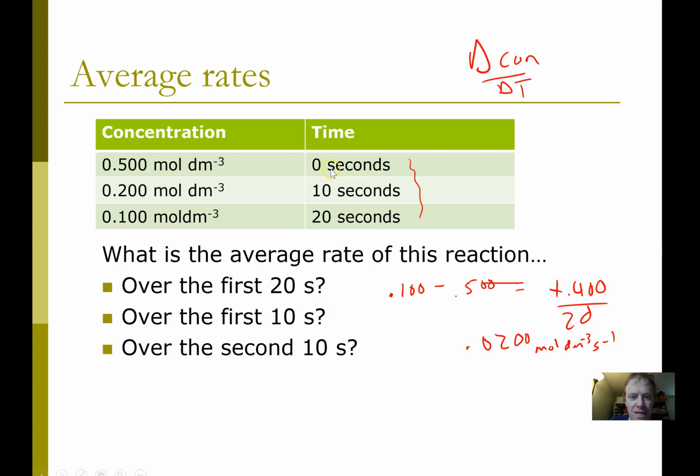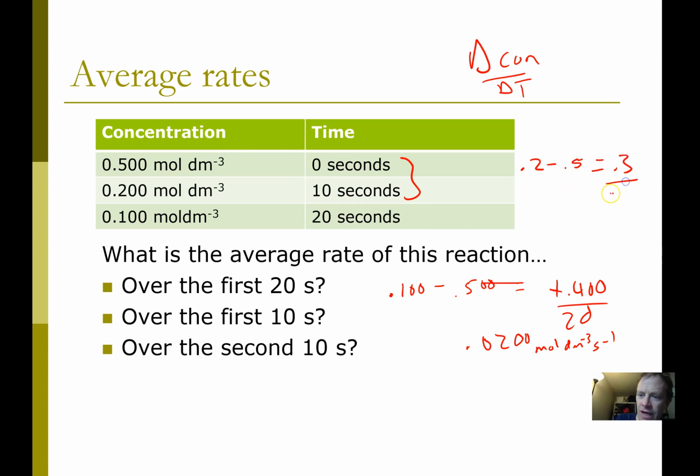Over the first 10 seconds, now I just want to look at the rate in the first 10 seconds of the reaction. Now we should be expecting it to be faster because reactions start fast and they slow down. So change in concentration over time over this time period, 0.2 minus 0.5, that's 0.3.